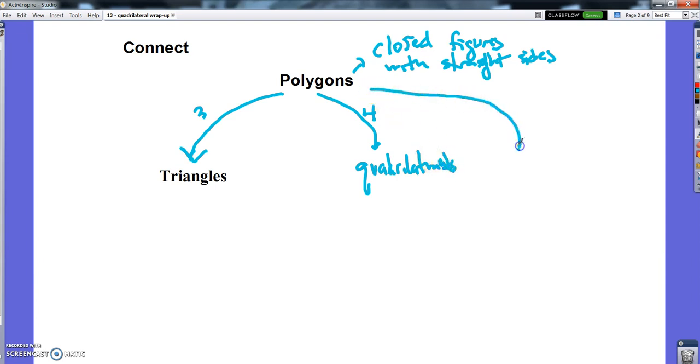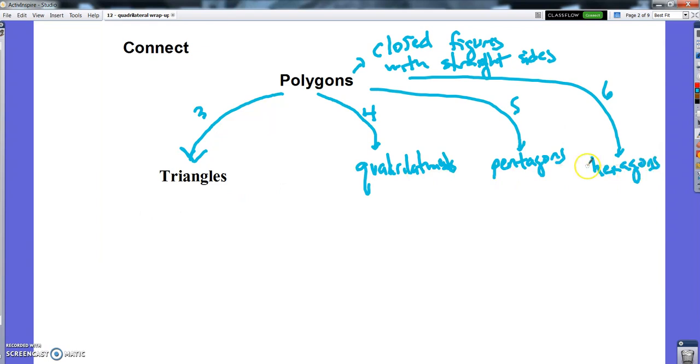If they have 5 of those closed straight sides, we call them pentagons. If they have 6 of them, we call them hexagons, and so forth. Those are all kinds of polygons. They all have straight sides, and they're all closed figures. And we've talked about lots of kinds of triangles, right?